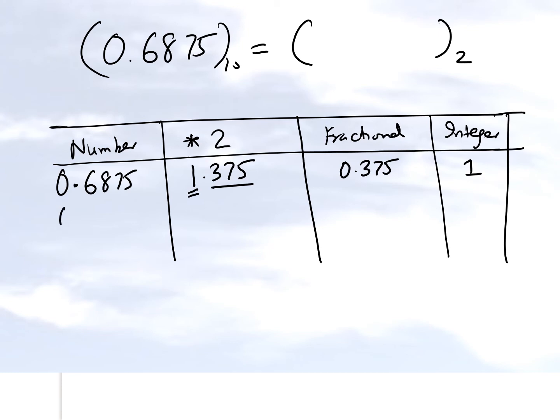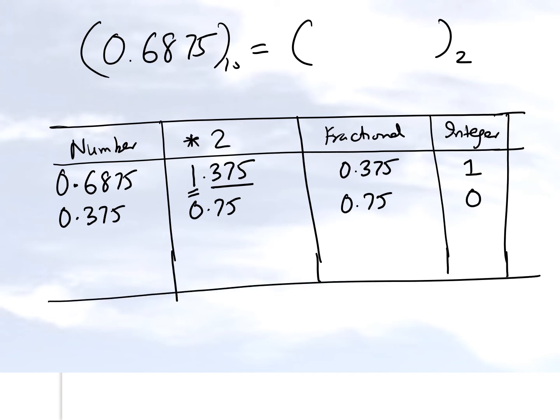Now I take the fractional part only here and multiply it by 2. What will I get? I'll get 0.75. So the fractional part is 0.75, but the integer part is just 0. Let's take this 0.75, which is the fractional part right here. Multiply by 2, I get 1.50.